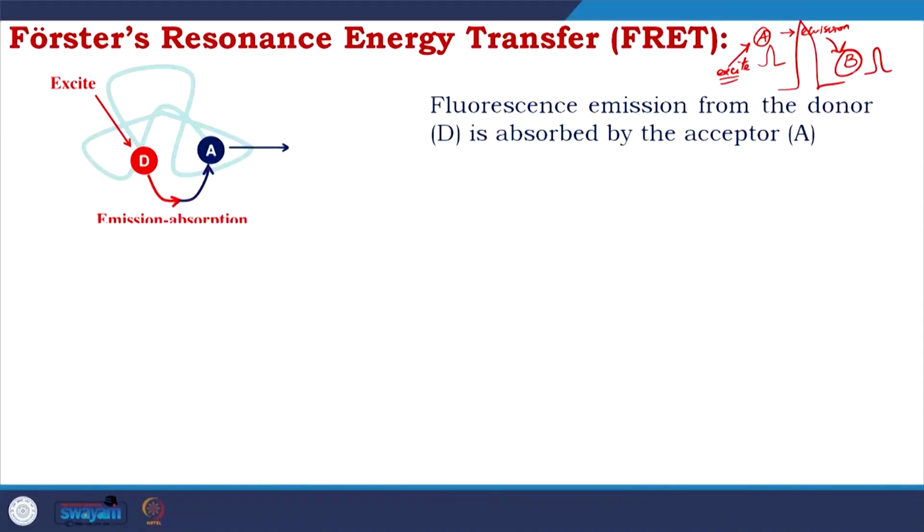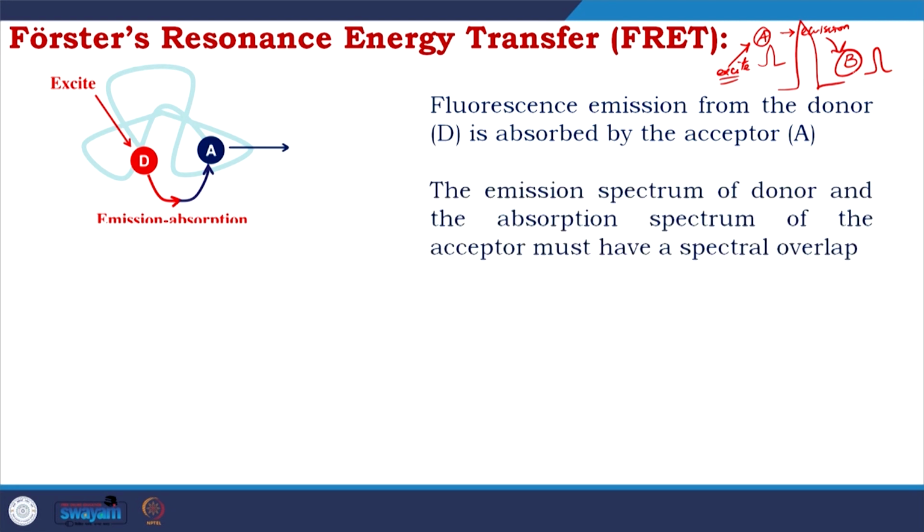So, fluorescence emission from a donor is absorbed by the acceptor. As I told, it is emitting, it gives energy to the acceptor.